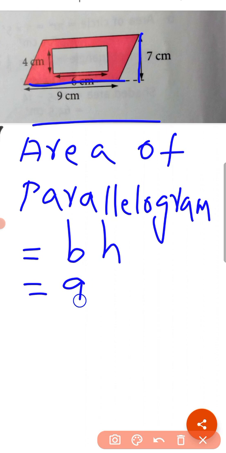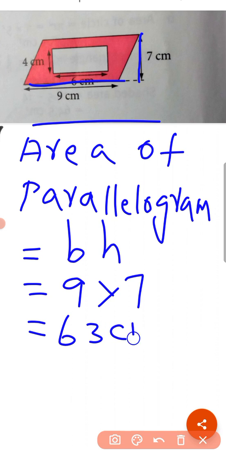This is base and this is height. So BH is equal to 9 into 7, 63 centimeter square.